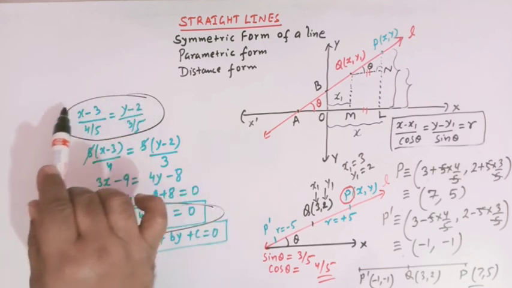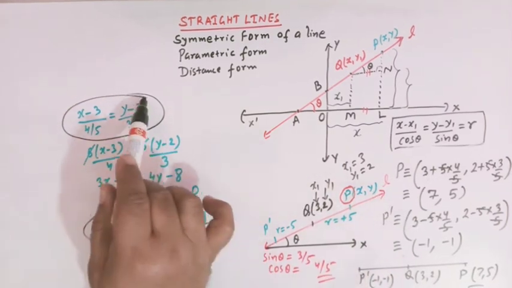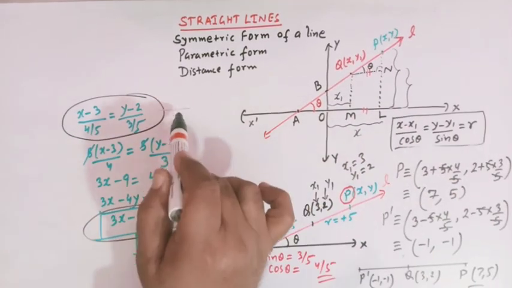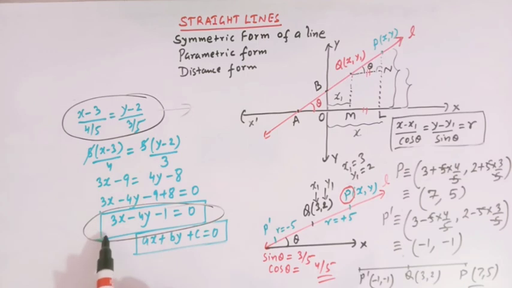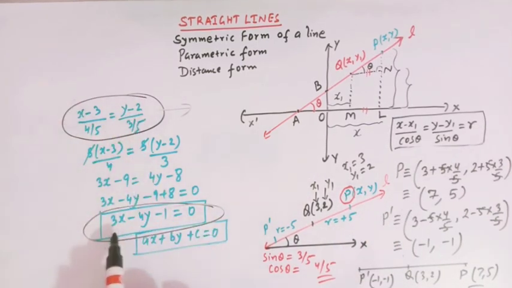So when we represent the line in this form, then this is called the symmetric form, right? But when we express the same line by simplifying this equation like this, then it is called the general form of the line. So what matters here is the form of the equation in which the given line is expressed, right?